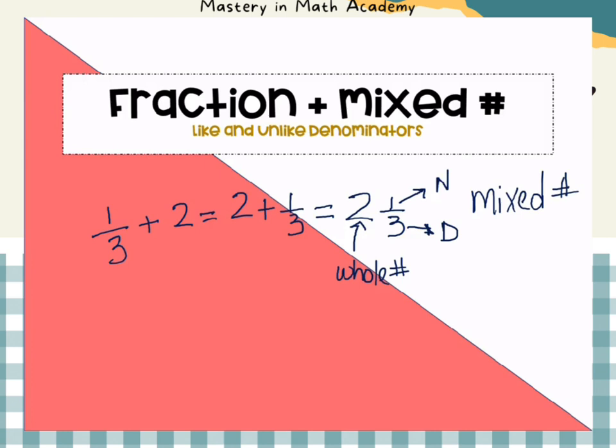In the last lesson, we also spoke about two strategies to solve this. If you do 1/3 plus 2, you can change the 2 into a fraction by setting the denominator as 1, and it won't change the value.